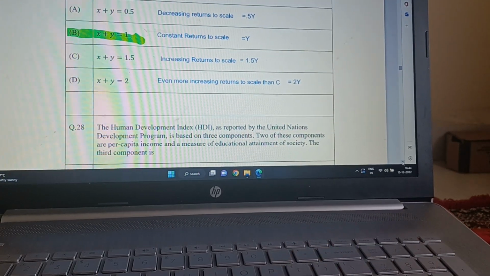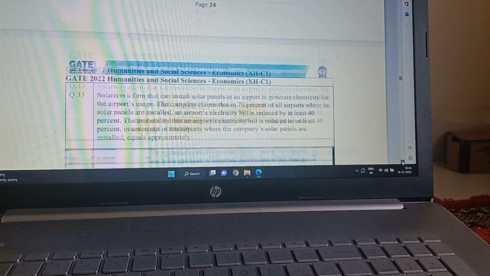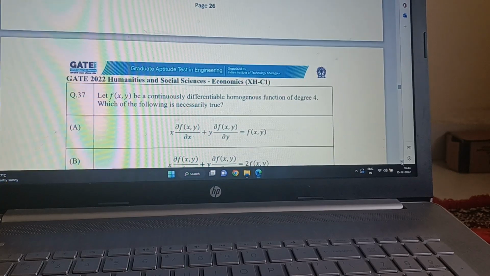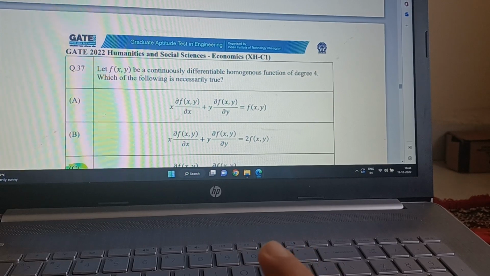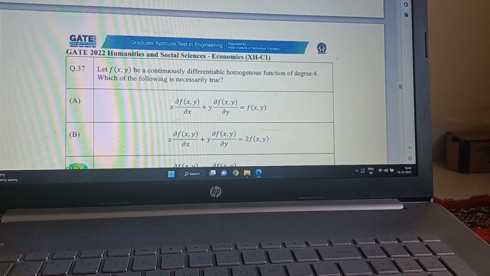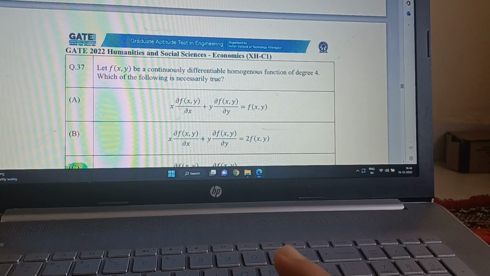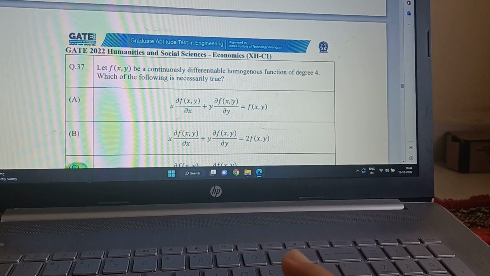So if this sum x plus y is 4 in this case, here it is saying that the function of x, y is continuously differentiable. This is a homogeneous function of degree 4. Degree 4 means the sum of x plus y is equal to 4. So which of the following is necessarily true? Means x times df/dx plus y times df/dy.